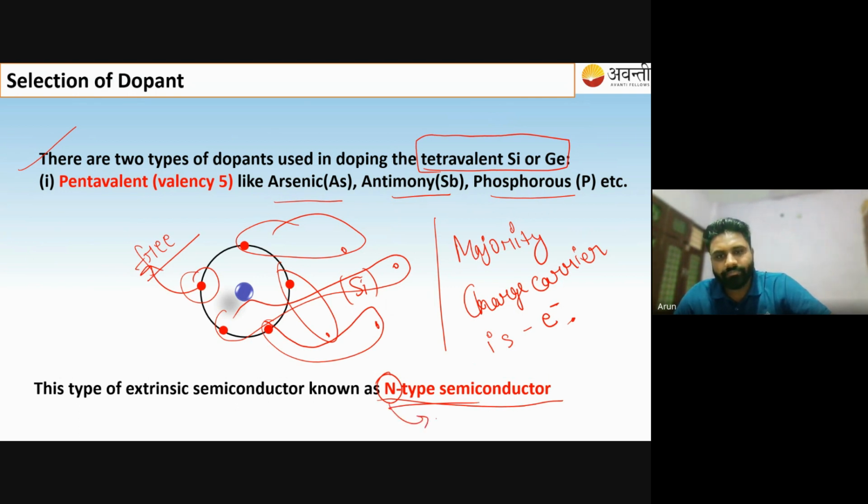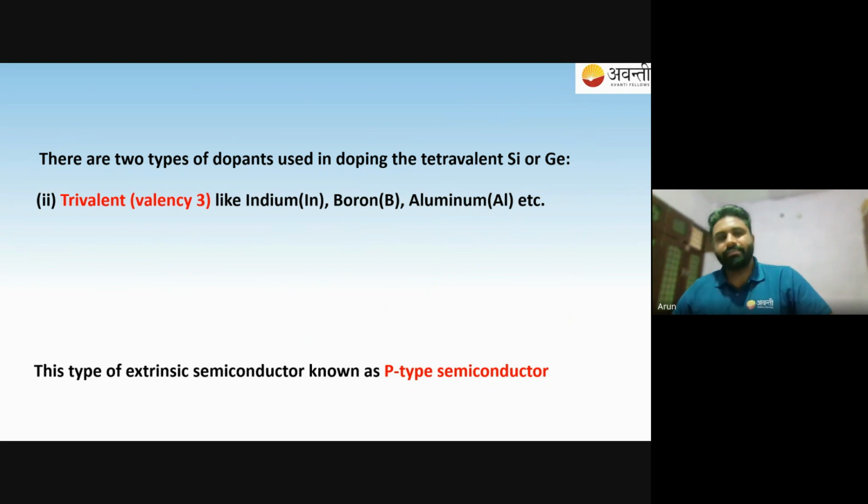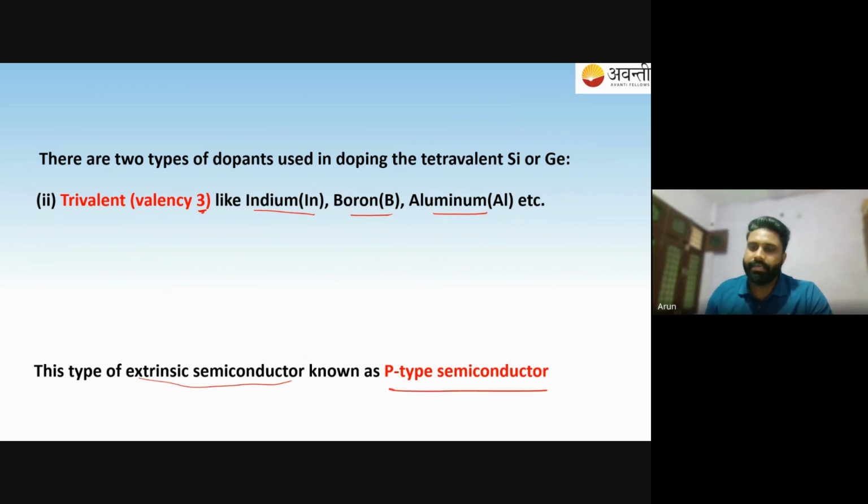N means negative. Remember this. And who is negative? Electron is negative. Now, the other is the trivalent. Tri means 3, so the valency of the atom is 3. So it is indium, boron, and aluminum. These impurities, when added to the intrinsic semiconductor, form an extrinsic semiconductor, which is known as p-type semiconductor.